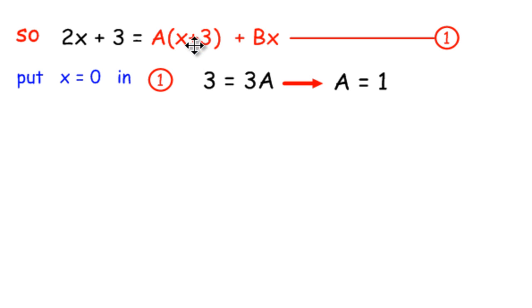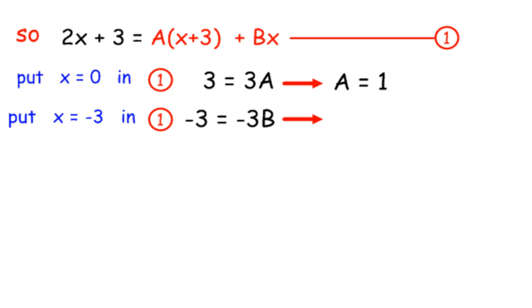Now if we fit in the value x is minus 3, this term will disappear. The left hand side will become 2 times minus 3 plus 3 is negative 3. This will be 0, and this will be negative 3 times b. So fitting in x is negative 3 gives negative 3 is negative 3b, which means that b is also equal to 1.